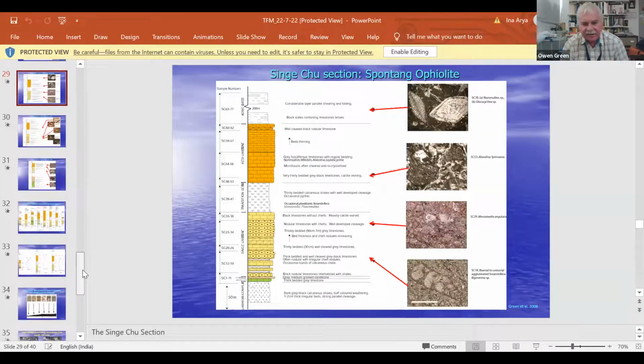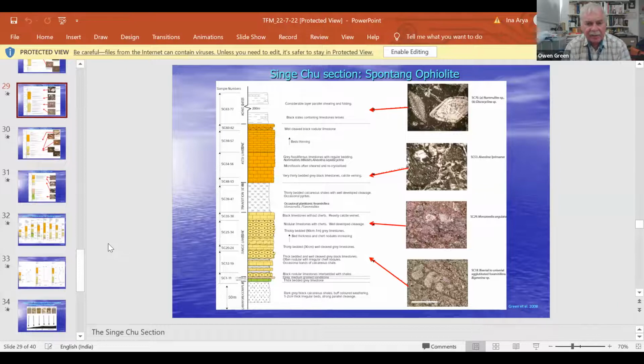And then the same at the Singi-Chu section as well, as we're going up the sequence. So it's becoming increasingly shallower as we're going up to our mixed nummulites and discocyclinids at the top of this sequence. And there's often huge chunks of the sections which might either be missing or just completely extended.